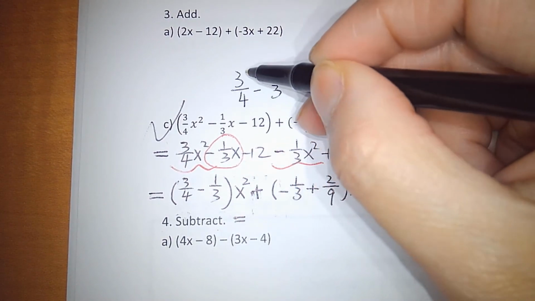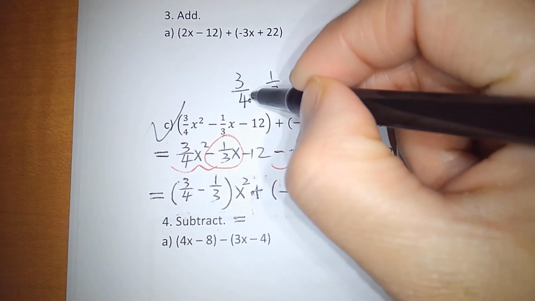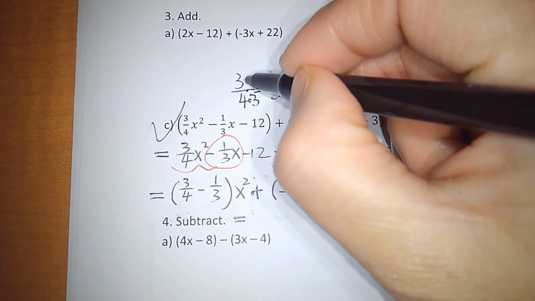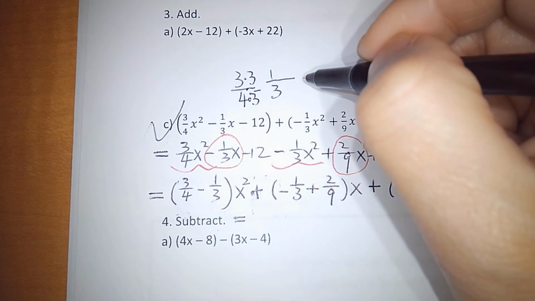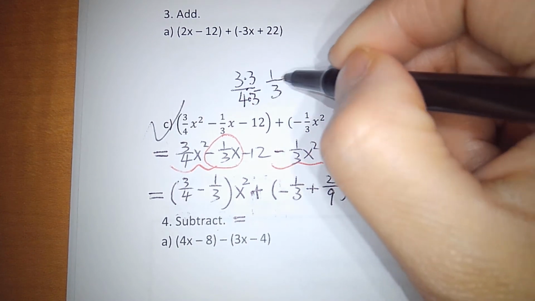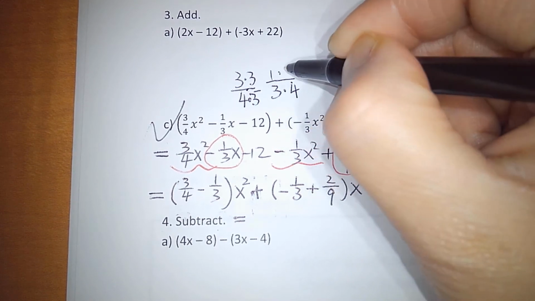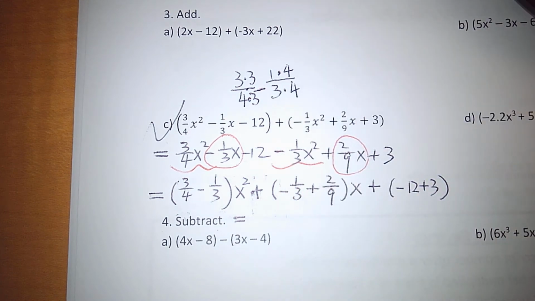In order to get the least common denominator 12, we need to multiply 3 to the denominator from this fraction. We have to multiply 3 to the numerator as well. You agree with that? And then to get a 12 for the denominator, we multiply the denominator by 4, and we do it for the numerator as well. You guys agree with this?